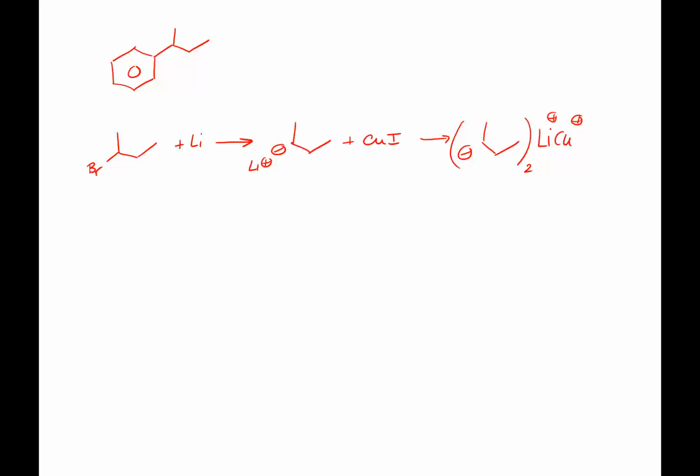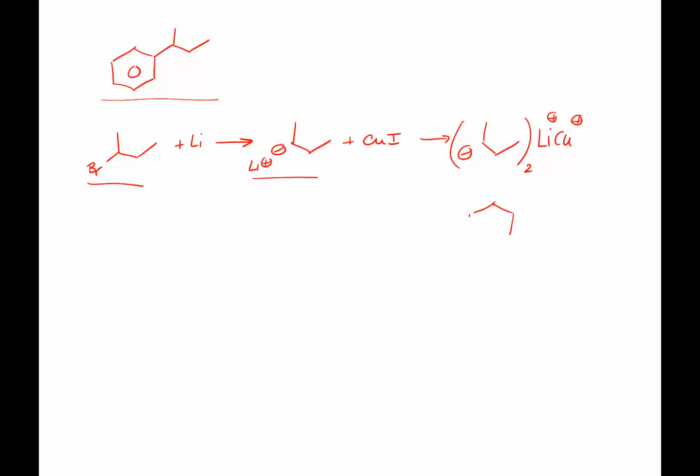My stoichiometry is all messed up here. I'm not going to go back and make everything add up. But in the lithium cuprate, we have two anions, a lithium plus and a copper plus. So I could take any alkyl halide that I wanted, make the organolithium out of it, and then make the lithium cuprate. Now, how am I going to make this benzene molecule?